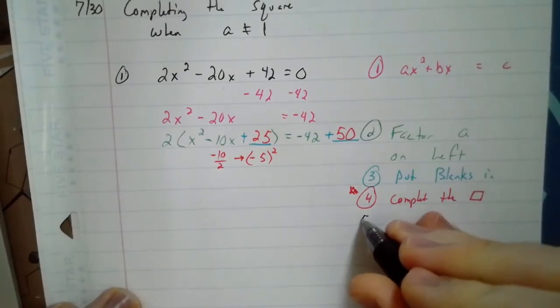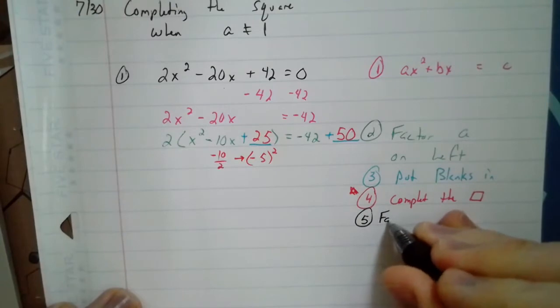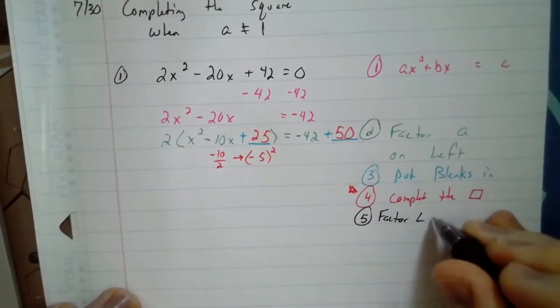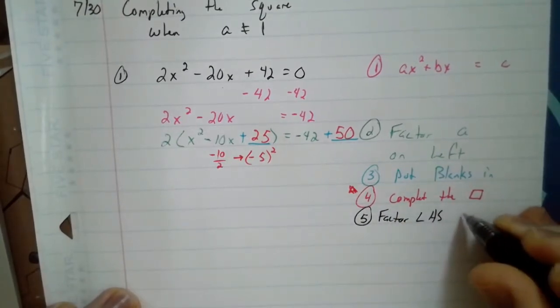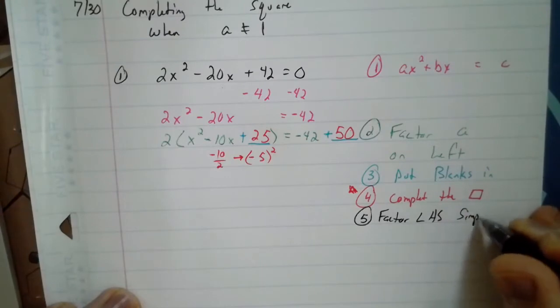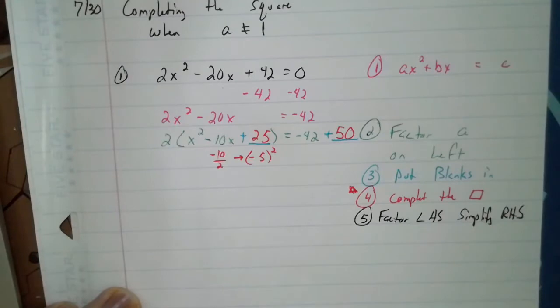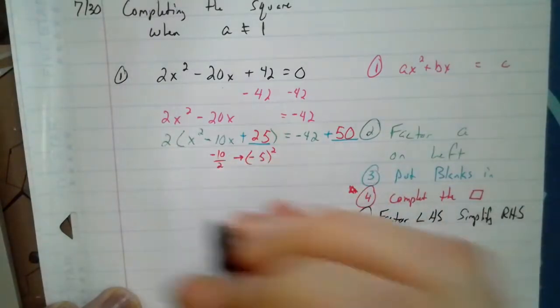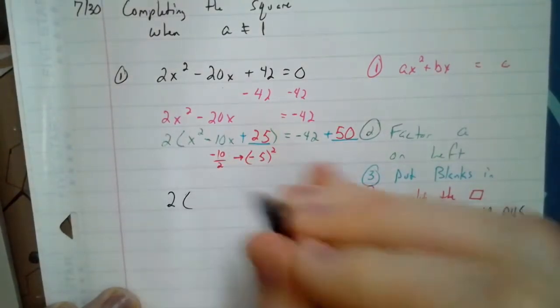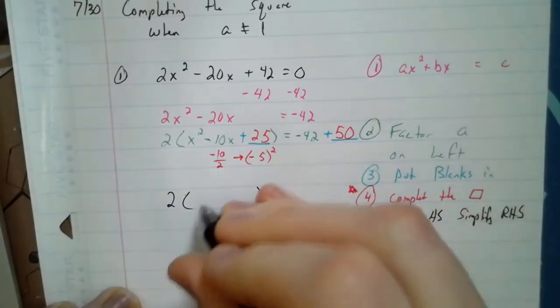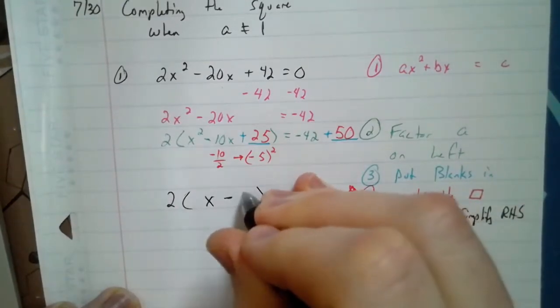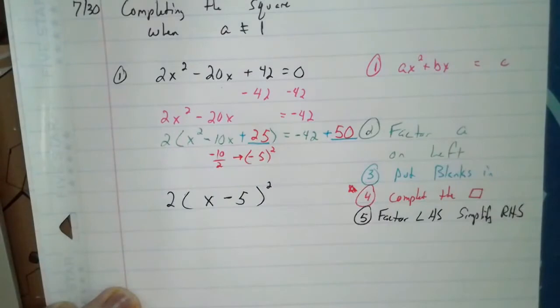So here's step 5. We're going to factor the left and simplify the right. All right, so over here, I'm going to bring the 2 down. This is going to factor nicely to be x minus 5 squared.